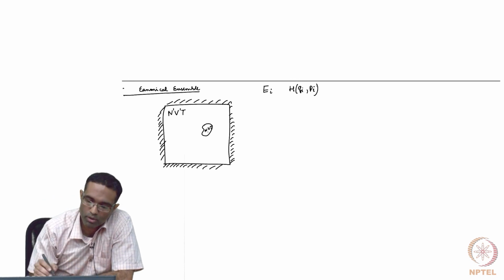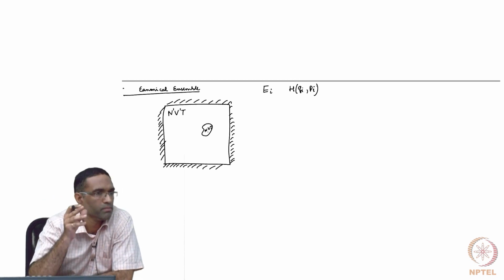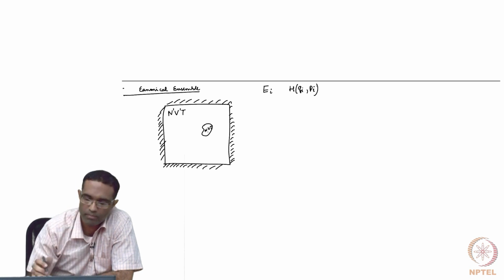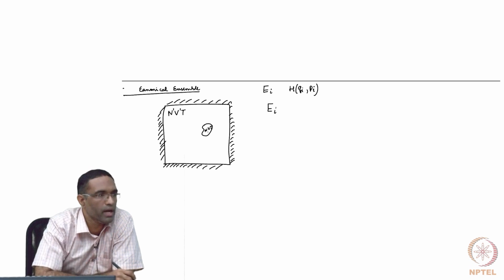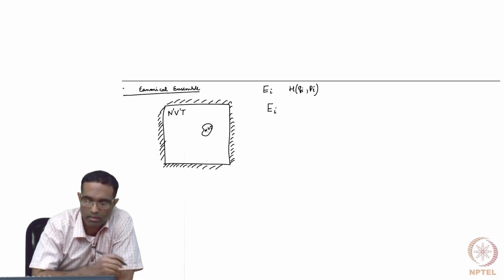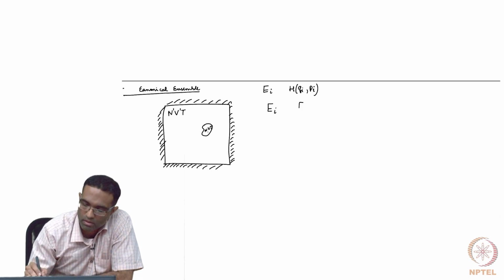So at any instant of time, the system may have energy EI, and the reservoir could be having energy EI prime.